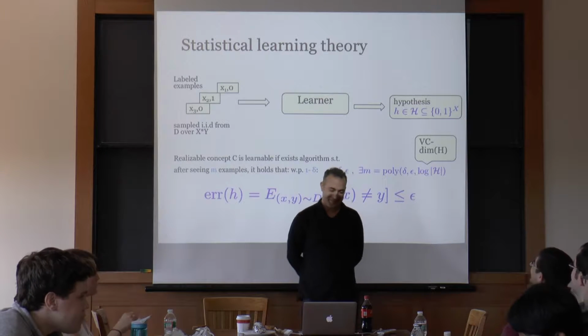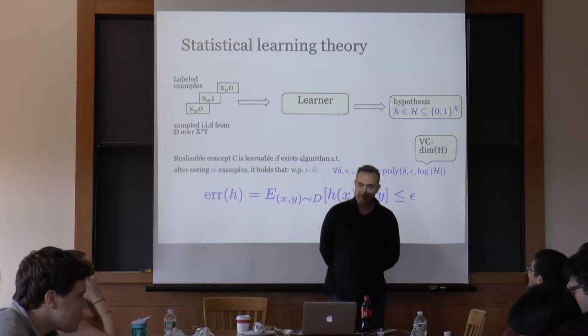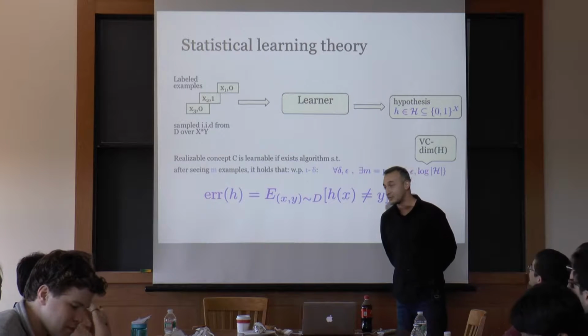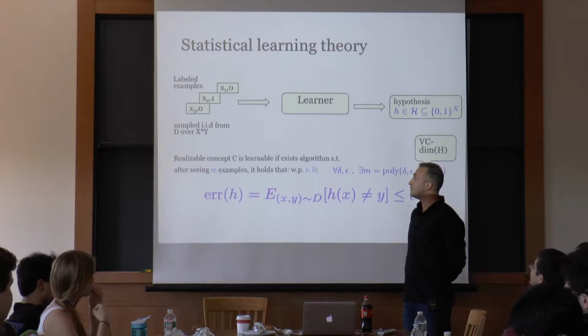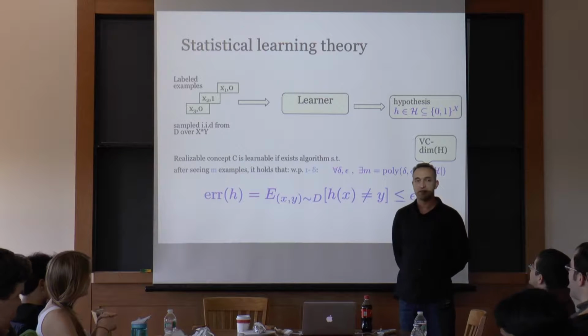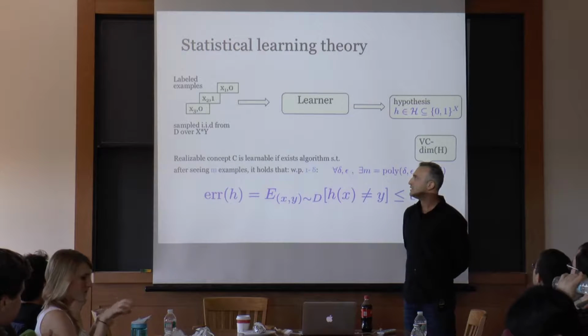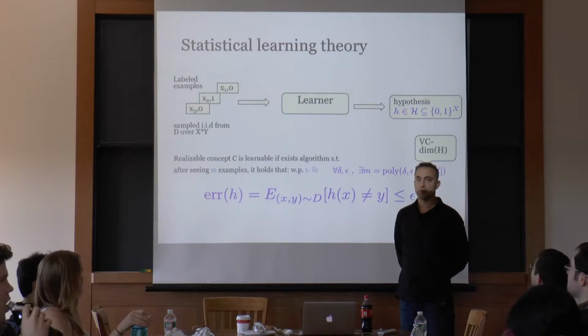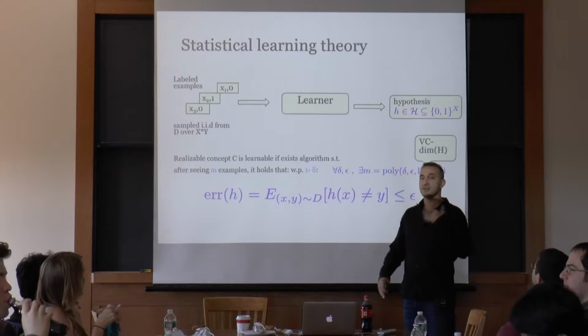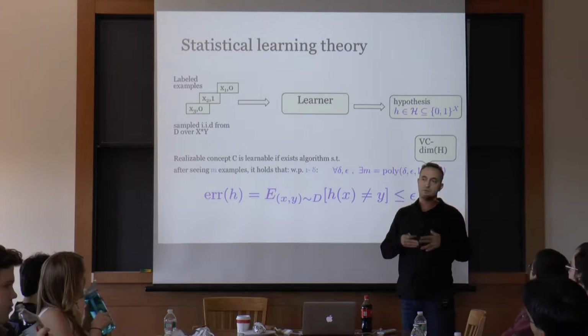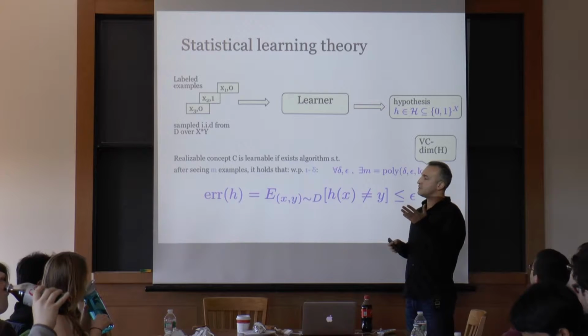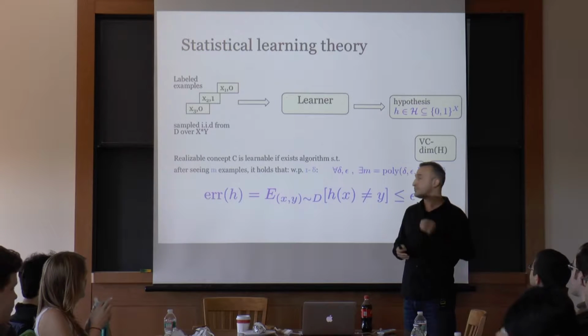Okay. So any course in machine learning should start with statistical learning theory. This is the definition. In this setting, we have a distribution. Nature is modeled as a distribution over the world, where the distribution is over features and labels, and the labels are 0, 1.